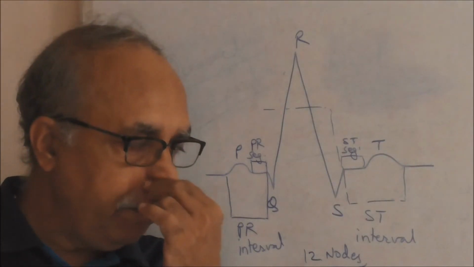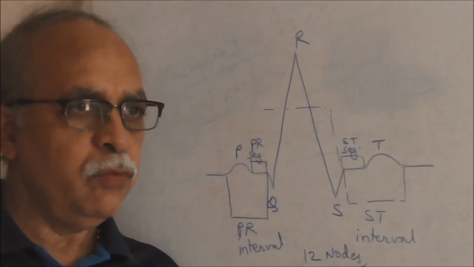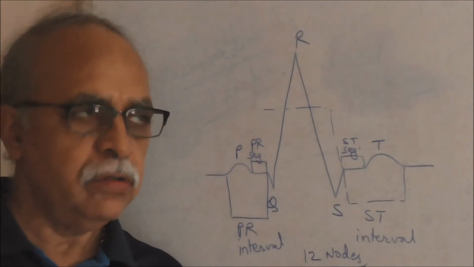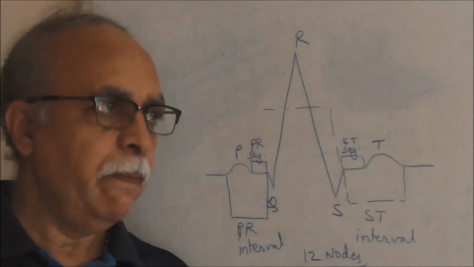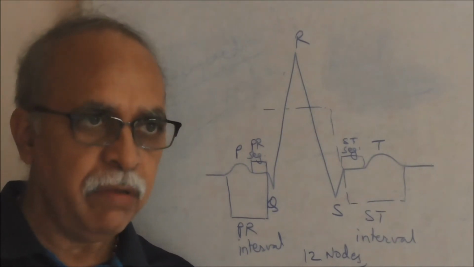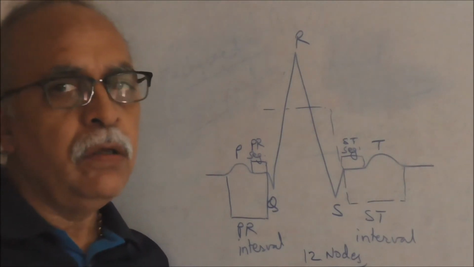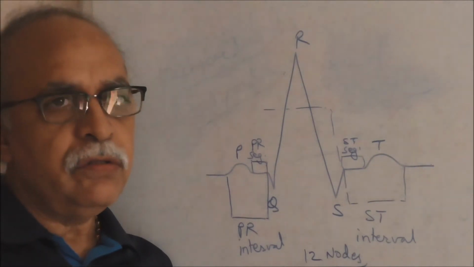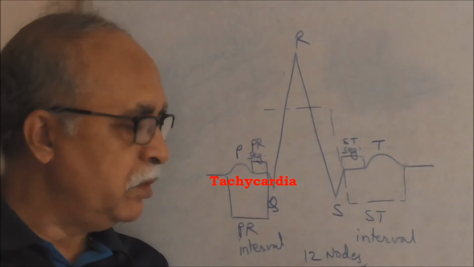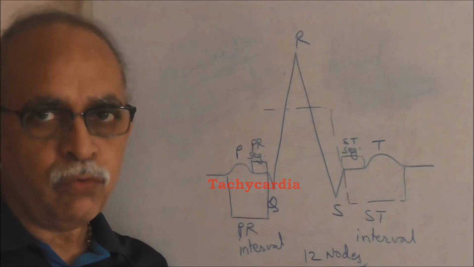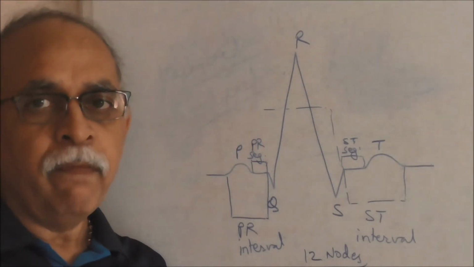Now, these abnormalities basically would be related to the functioning of the heart. First of all, we can talk about the heart rate. A change in the heart rate may be an increase or decrease. Increase in the heart rate is usually named tachycardia. That is, instead of 70 beats a minute, it can go to 100 beats or even more.